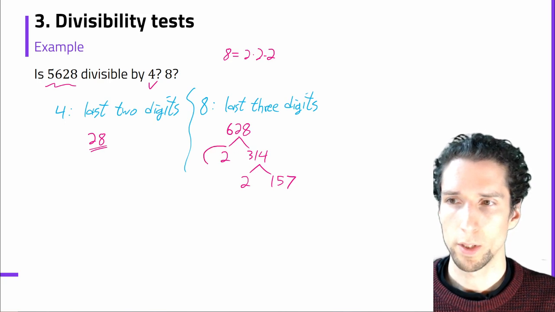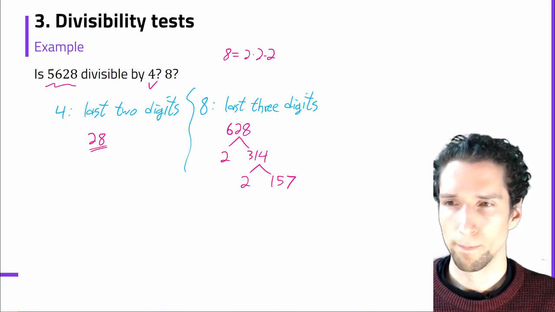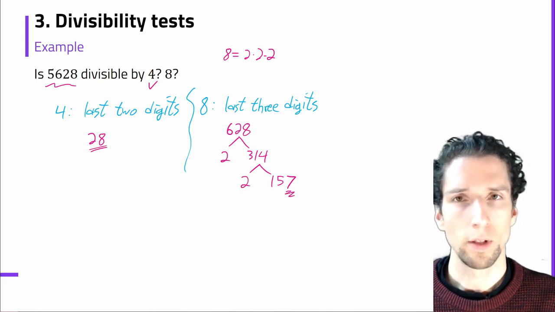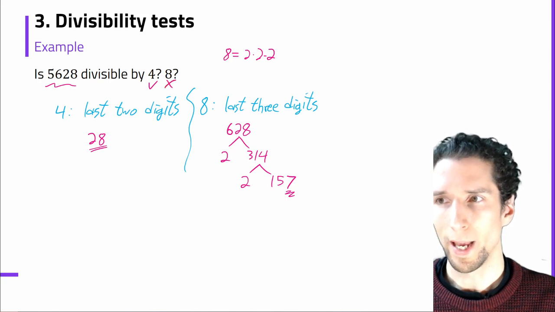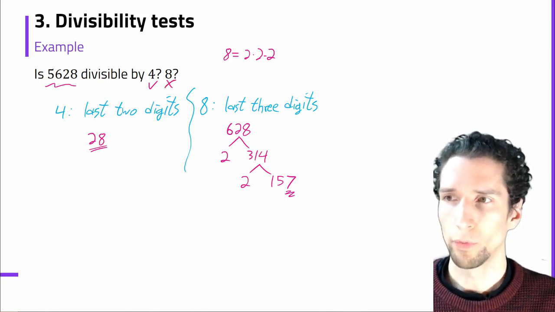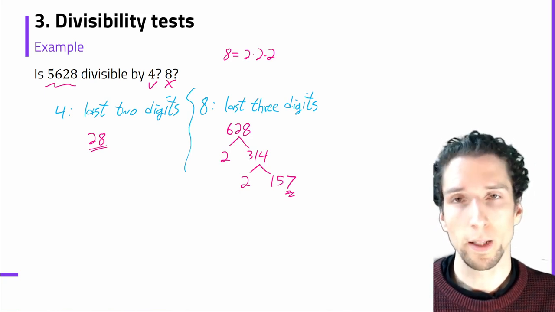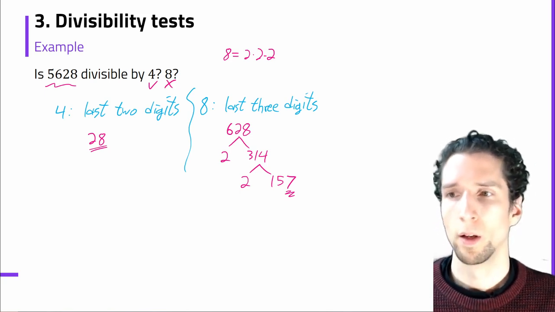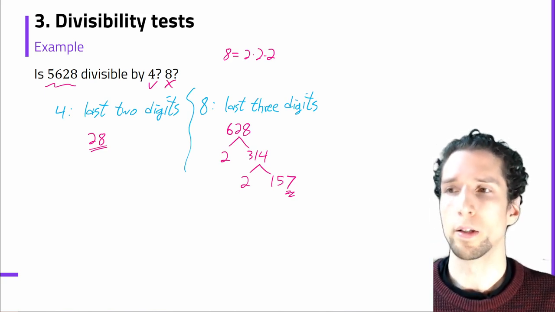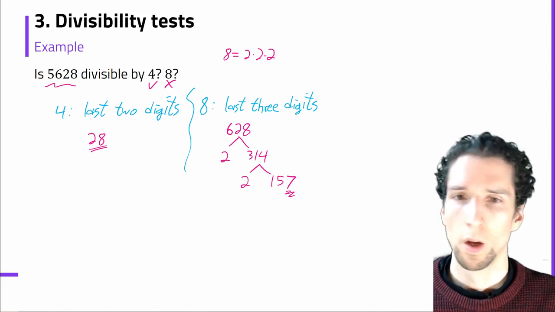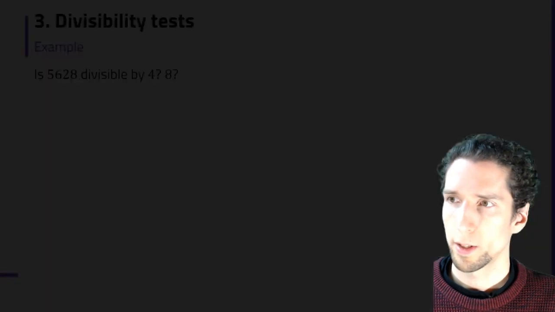So there's dividing by 4, but then 157 is not divisible by 2, so it's not going to be divisible by 8. So 4 yes, but 8 no. If you can directly recognize it, great. If not, there are other shortcuts to make this a little faster, but this tree pattern is very reliable here.